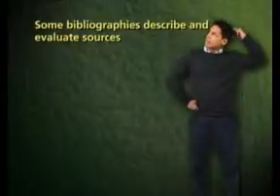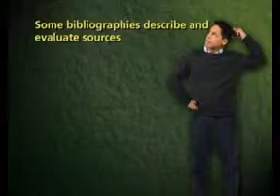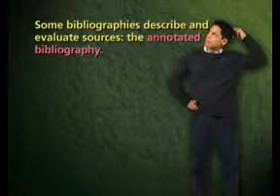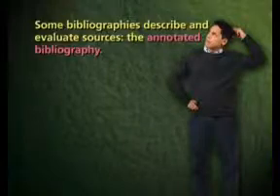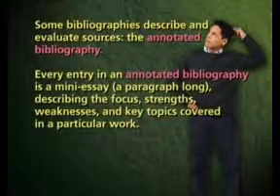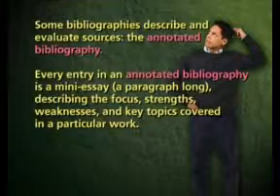Some bibliographies describe and evaluate sources. This kind of bibliography is often called an annotated bibliography. This can be especially valuable. Every entry in an annotated bibliography is a kind of mini essay, a paragraph long, that describes the focus, the strengths, the weaknesses, and the key topics covered in a particular book or article.